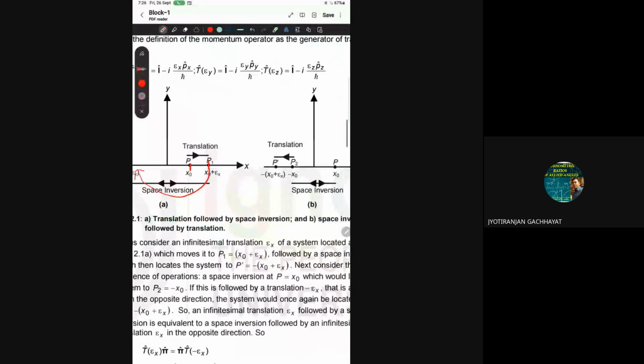Then it will take it to minus of that, right? In this case A, first translation, second parity.